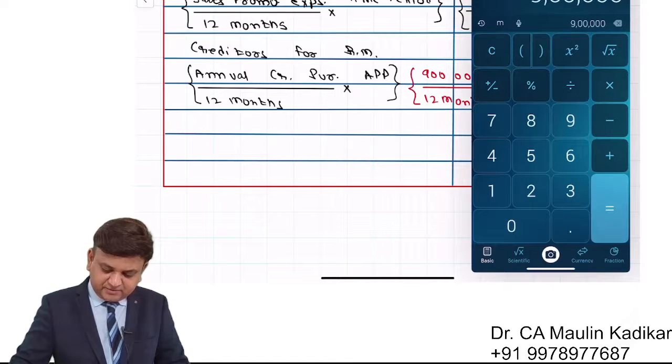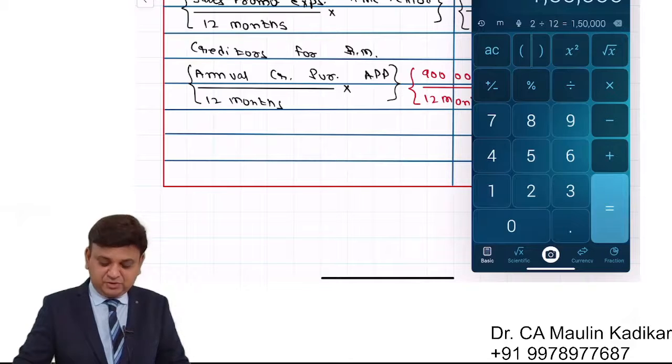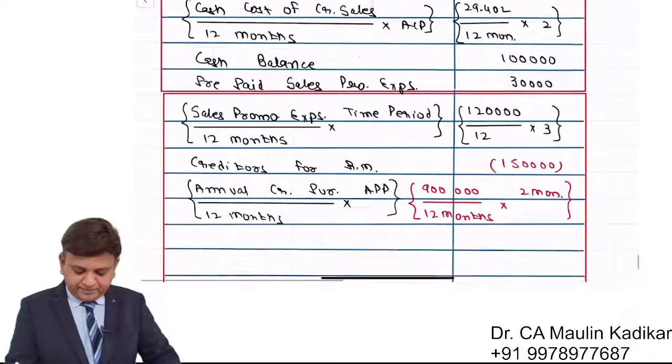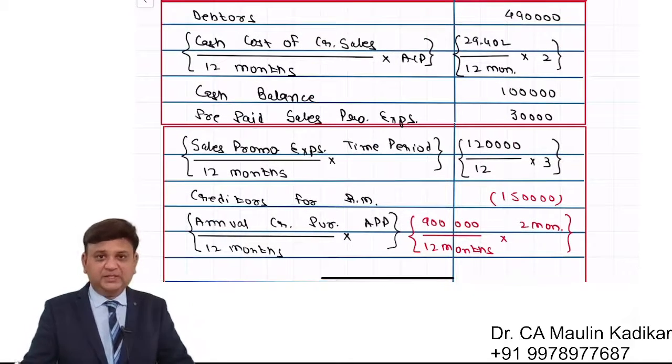So 9 lakhs into 2 divided by 12, 1,50,000. That is the way creditors for raw material is calculated.